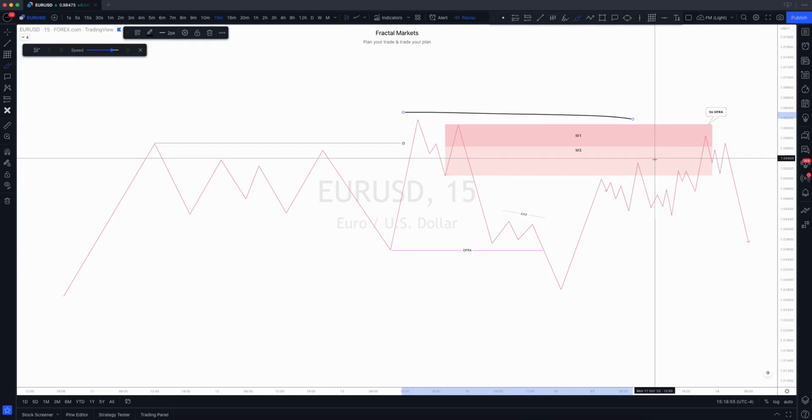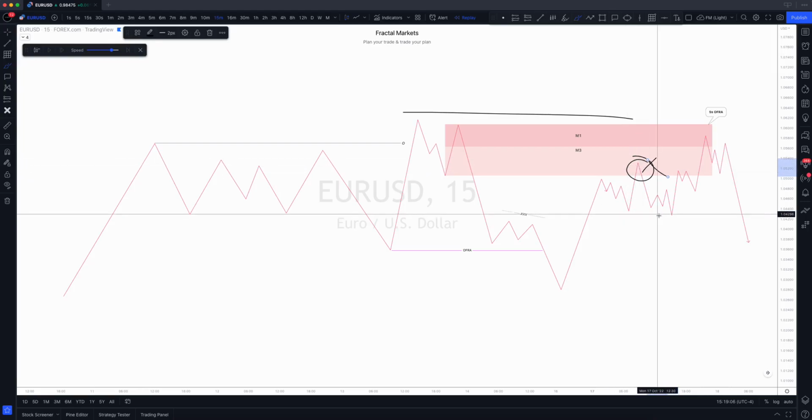So getting involved here and taking an L, not a big deal. If you have that mental stamina to understand how price really operates, you can take an L in here. Basically, if you want, take a quarter of your position off at this low, just to protect your stop loss a little bit.